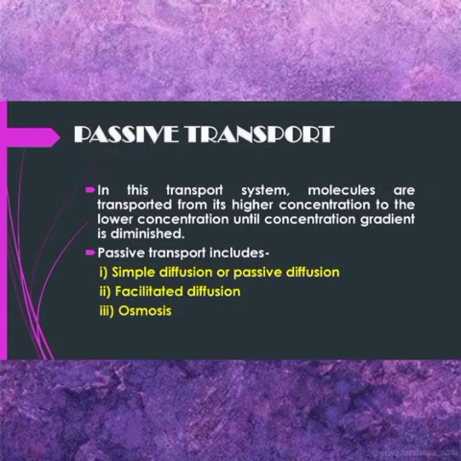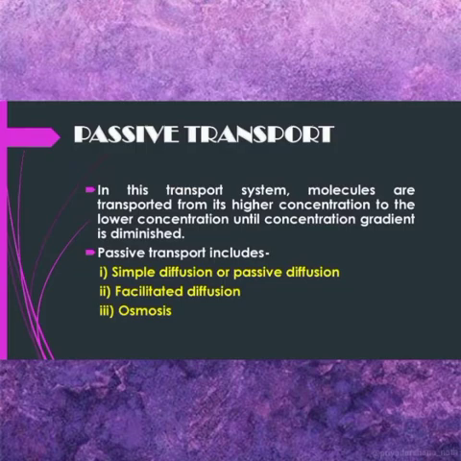So what is passive transport? In order to understand how substances move passively across a cell membrane, it is necessary to understand concentration gradients and the basic concept of diffusion. A concentration gradient is the difference in concentration of a substance across a space.